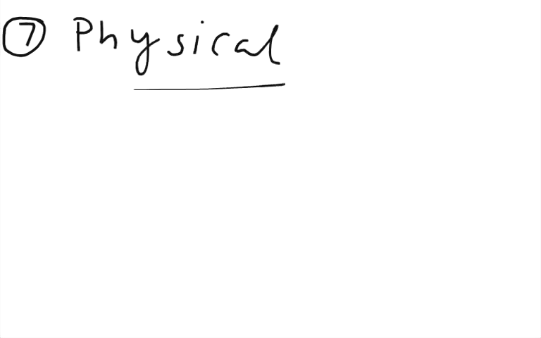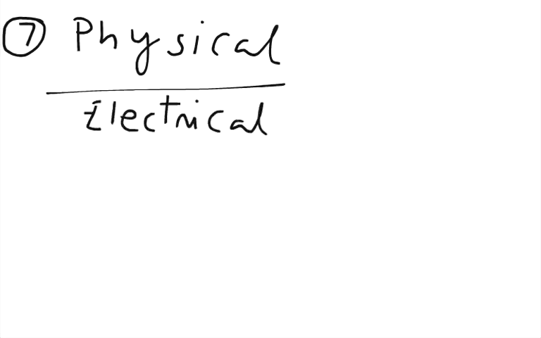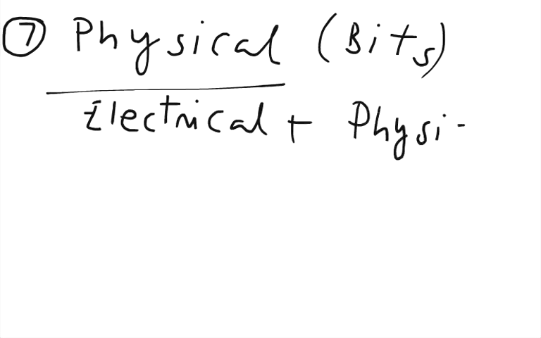And on the bottom, we have got the physical layer in the OSI model. The main responsibility of the physical layer is to determine the electrical and physical specifications of the data connection. As the name suggests, it works on bits, and it also defines the relationship between the device and the physical transmission medium.